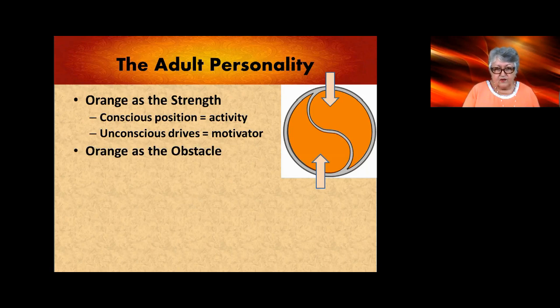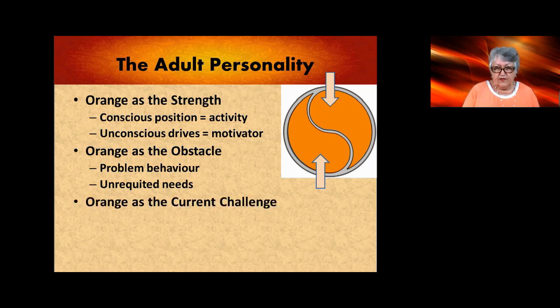Orange as the obstacle involves a problem behavior in the real world and unrequited needs as a result of those motivations that they have not been able to accept as part of themselves or have not been able to deal with. Then we have orange as the current challenge, and here we're looking at psychological stressors in the internal world, which will in turn produce a physical reaction in the external world.